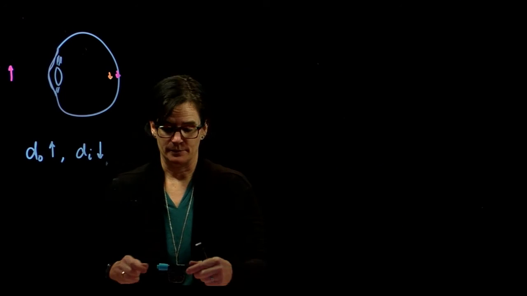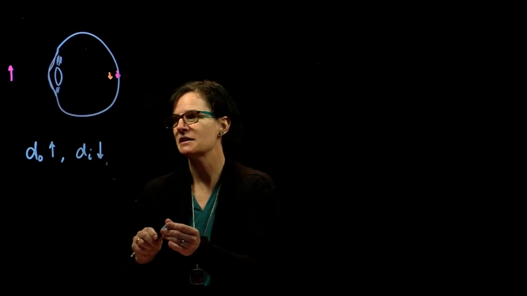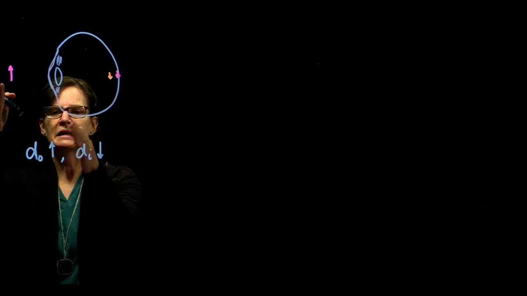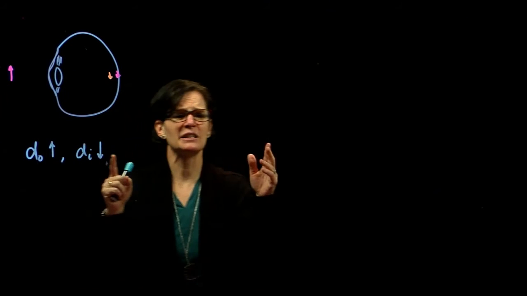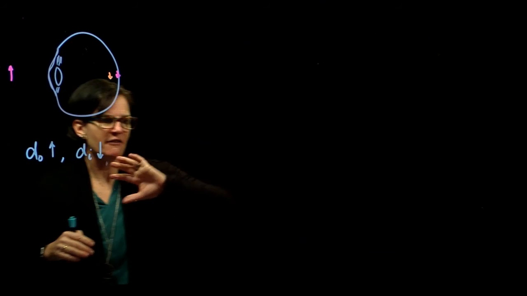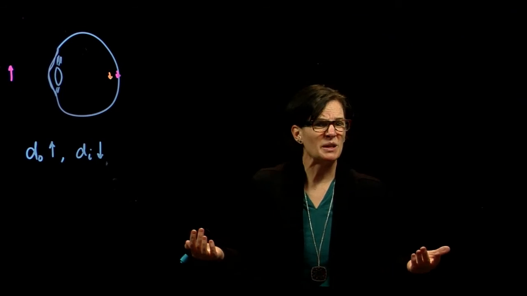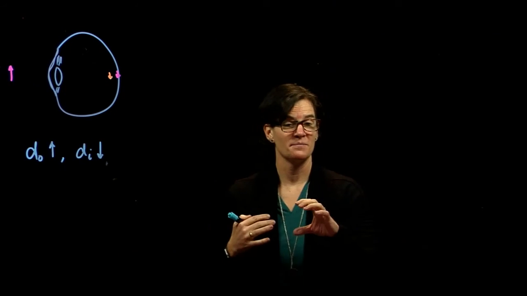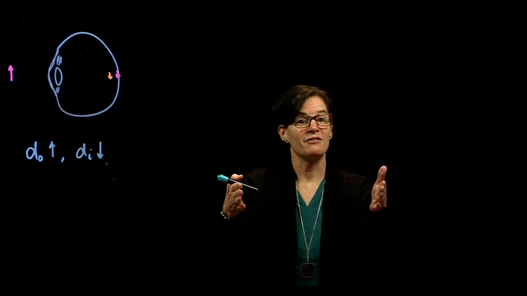Well, there's a couple possibilities. One possibility is that as I increase my object distance, I look at something far away, I can decrease that distance by taking the lens and moving it physically closer to the object. This is how we do things with a camera, which also has a fixed distance between the lens and the film.